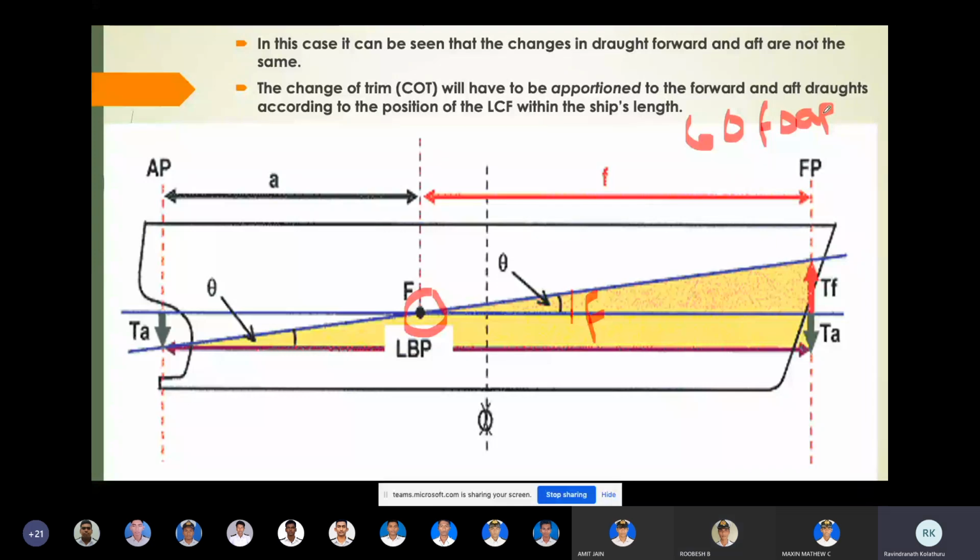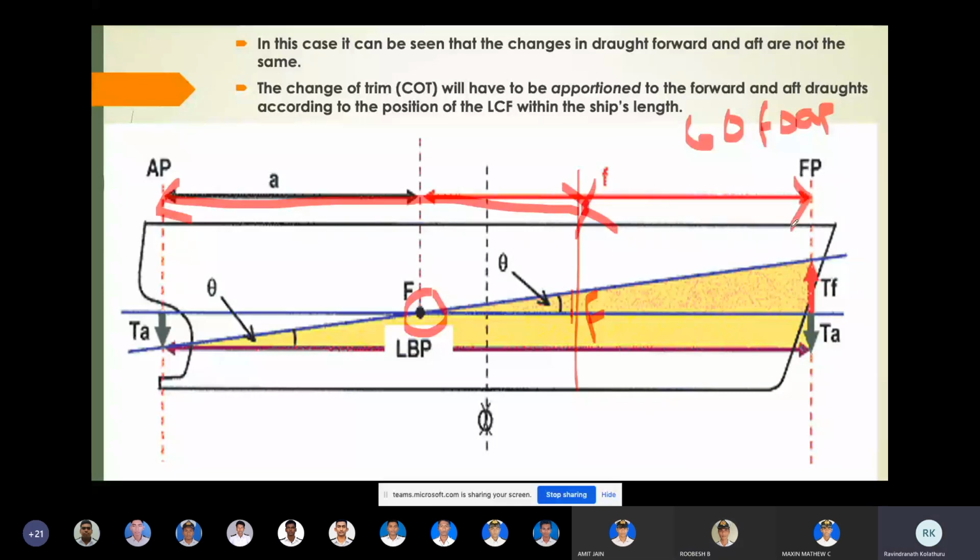So in that case, what will be my value of A? 60 meters. Fine, it will be the same because it is basically equal to LCF. So from here up to this position will be my value of A. Then what will be my F value? 40.